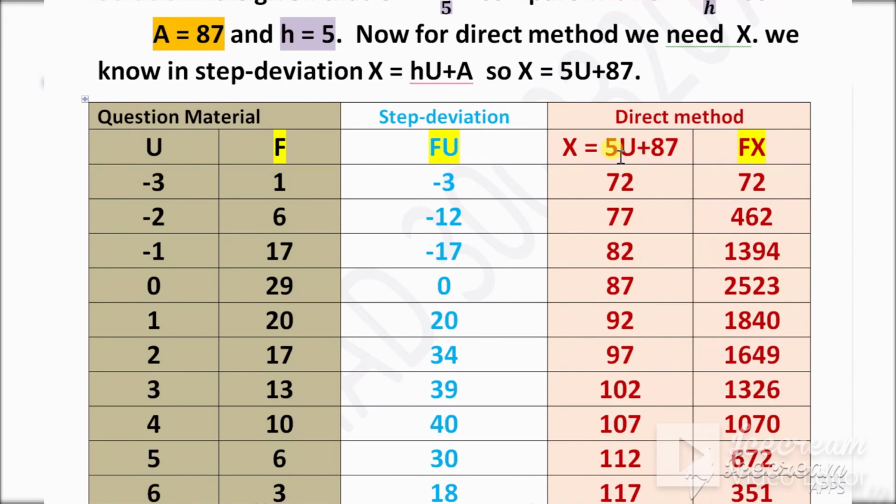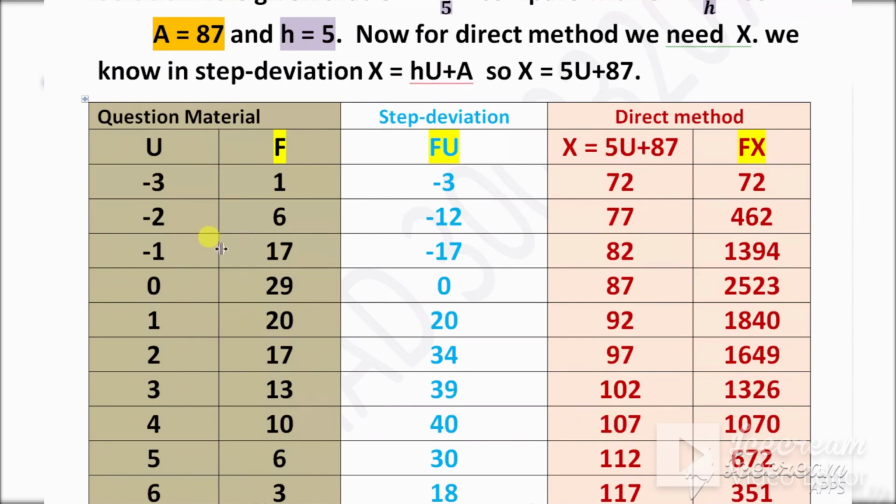You can use a calculator. In the calculator, write 5, bracket open, u, bracket close, and plus 87. Now inside the bracket just replace the value of u: replace negative 3, then negative 2, then negative 1, and you will get these numbers.